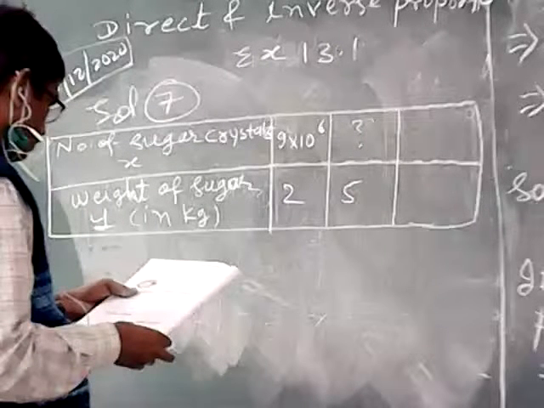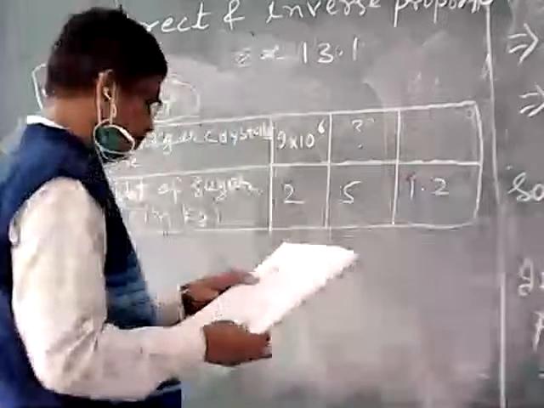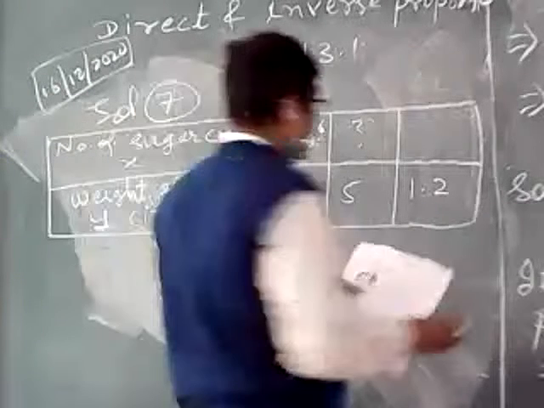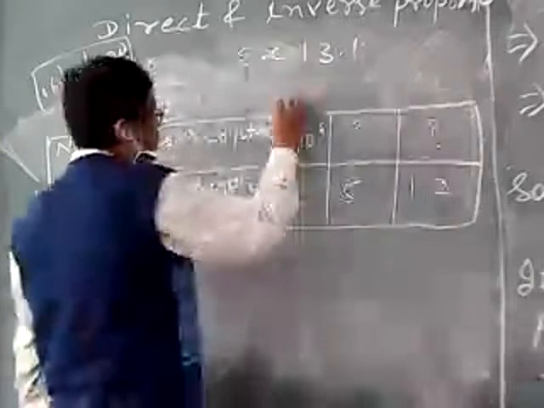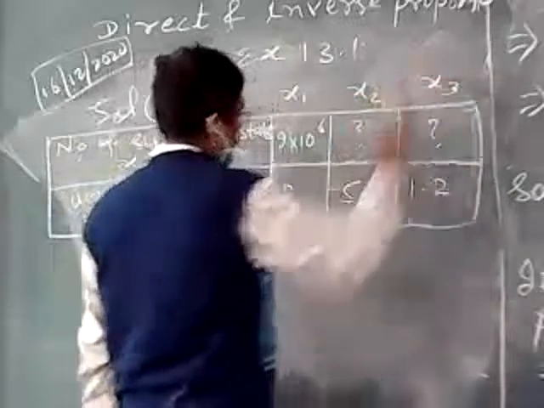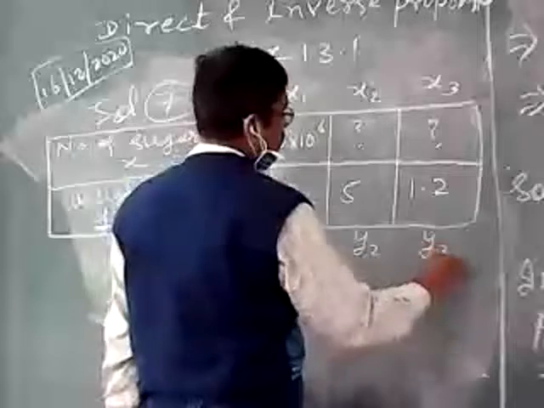Where it is 1.2 kilograms, it is blank. So we have x1, x2, x3, y1, y2, y3.